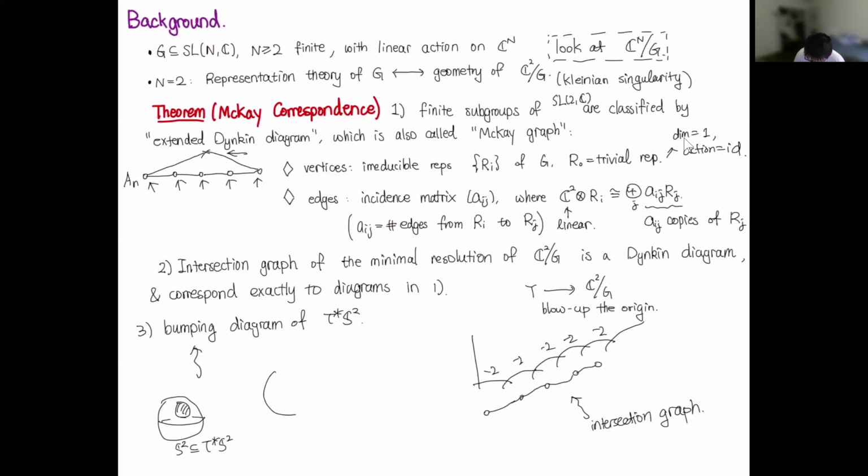And on the other side, you can do the same. You pick another disk, and you look at a conormal bundle of them, and then you glue these two together. But on one of the conormal bundles, you interchange the coordinate of the zero section and the coordinate of the cotangent direction.